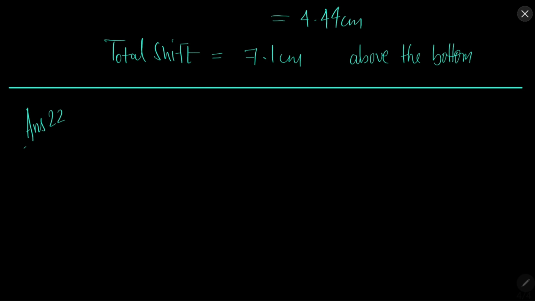Solution 22, A part. So h by x, that is real depth upon apparent depth, is 1 over mu, x will be mu h.